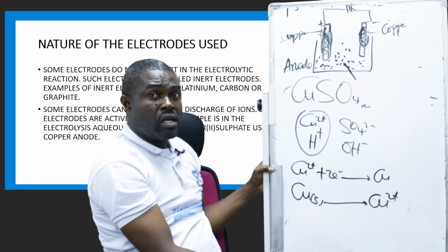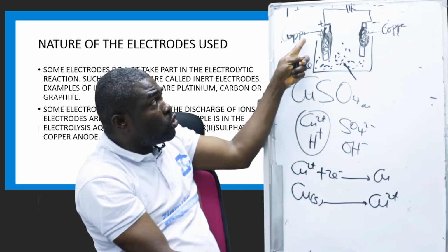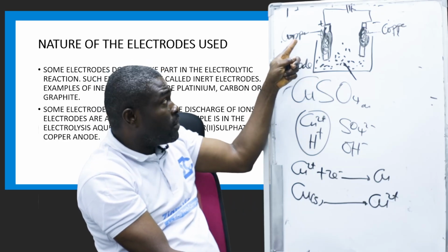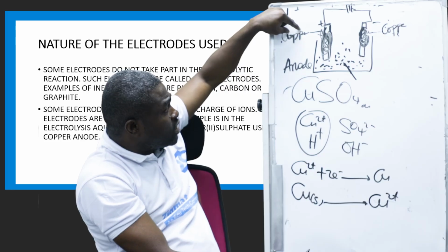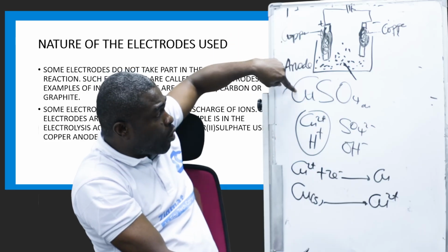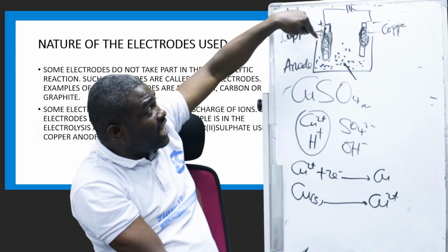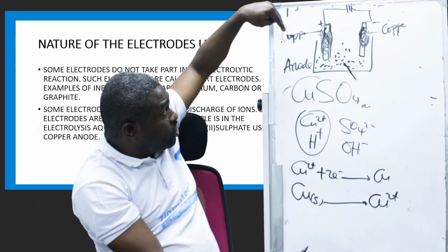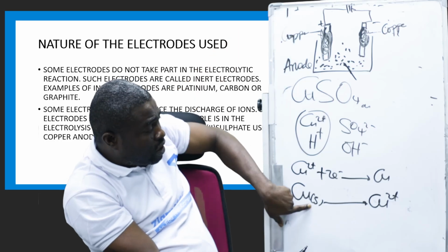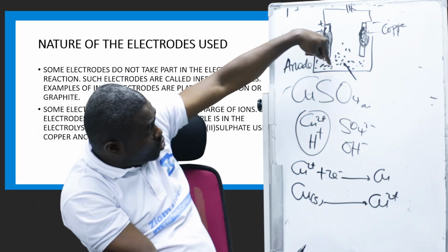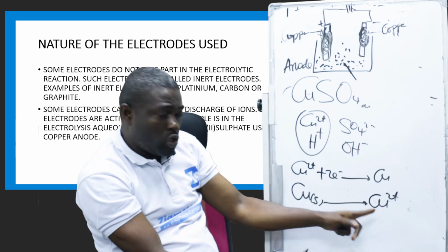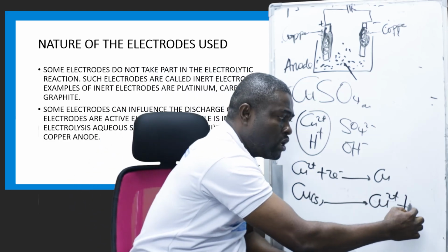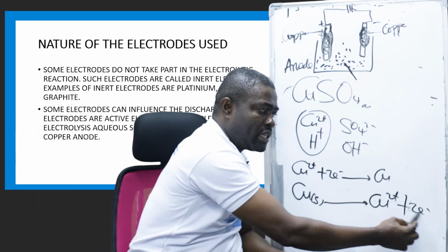Can you see the difference? Once an active electrode is used, this copper has something to do with the electrolyte. The electrolyte is copper 2 sulfate, and the electrode is copper, very active. The copper being solid, as current is passing through, will dissolve to produce copper 2. So it has to be balanced by putting 2 electrons, so that this and this will cancel out.